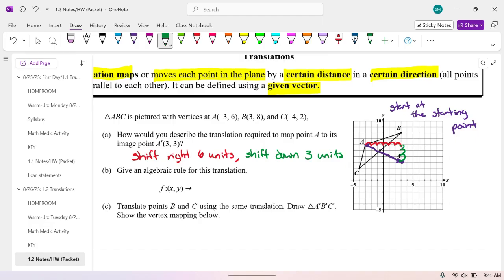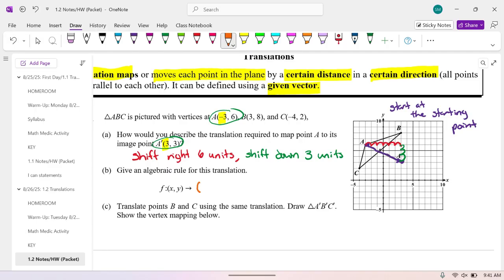Now, given what we know with the algebraic rule, so in other words, if we look from point A to point A prime, what happened to the x value? So the x value from A to A prime, what happened? They added 6.